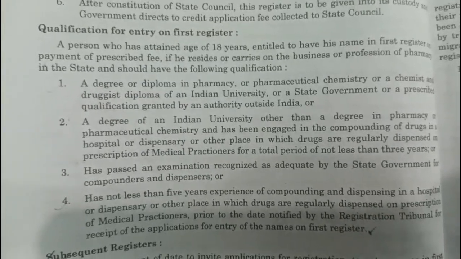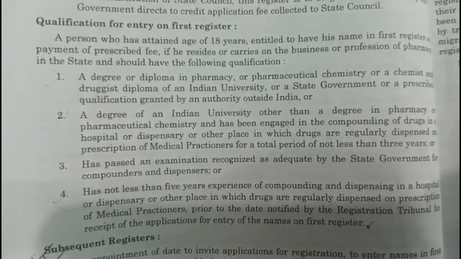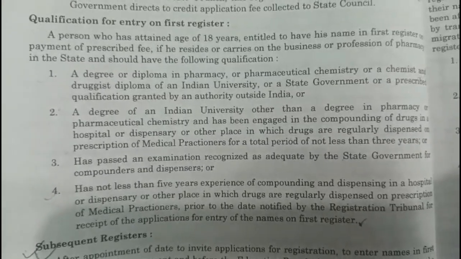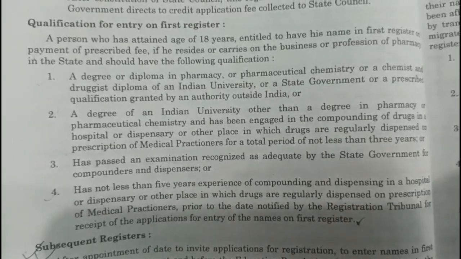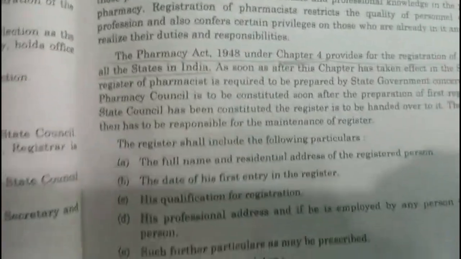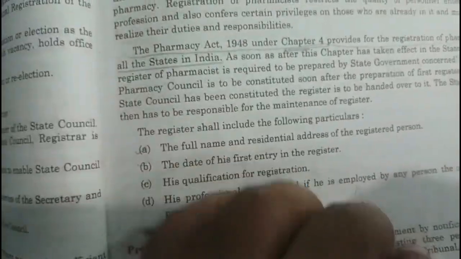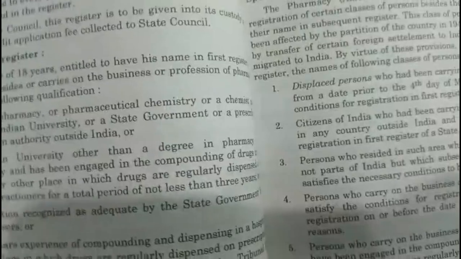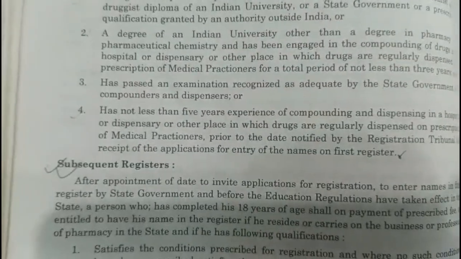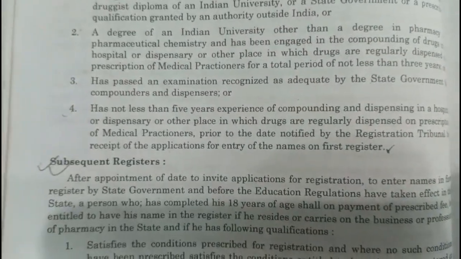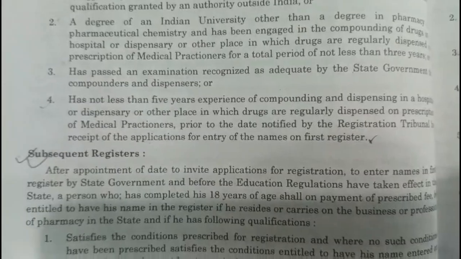From this question a sub question occurs: give a brief note on the first register, or it may come as how to prepare the first register and what are the qualifications for it. Then another question may arise: give a brief note on subsequent registers.